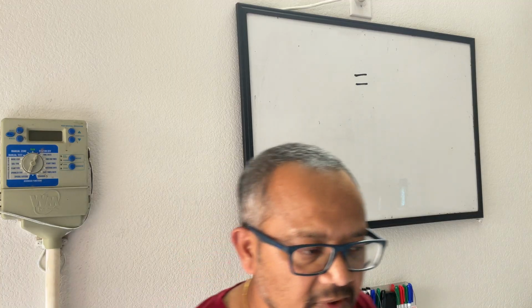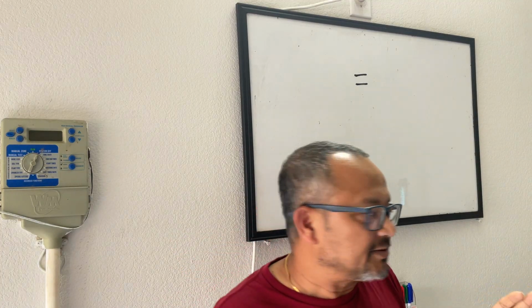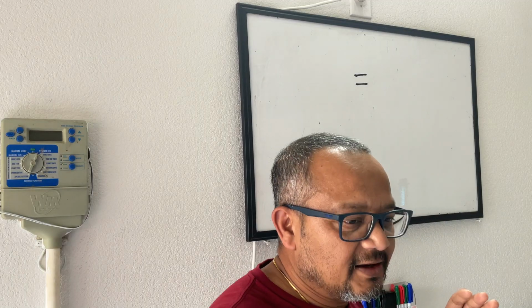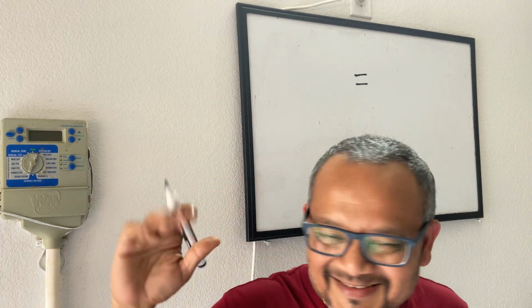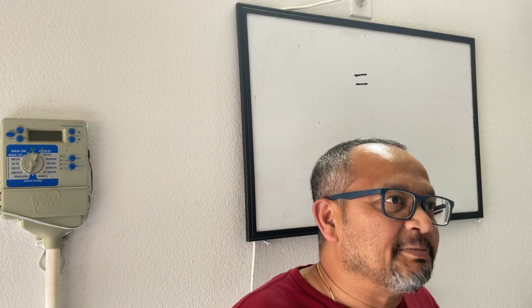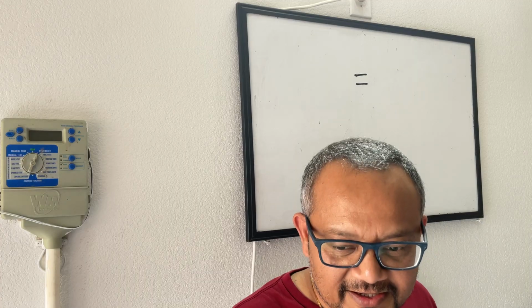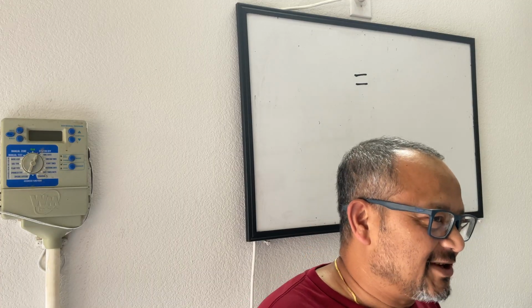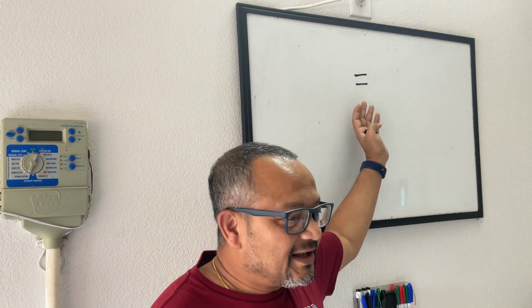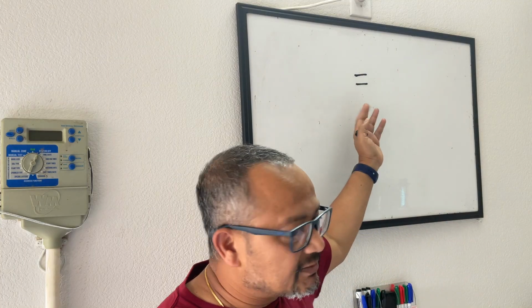And there are certain rules to be followed, and those should always be with us, like ABCD, which we don't forget. This equal to sign has a very important role with respect to how we deal with different types of equations, and we should be very, very conversant with this when it comes to doing any operations.